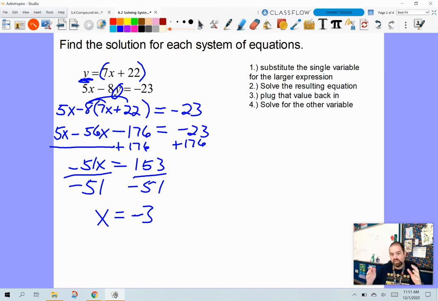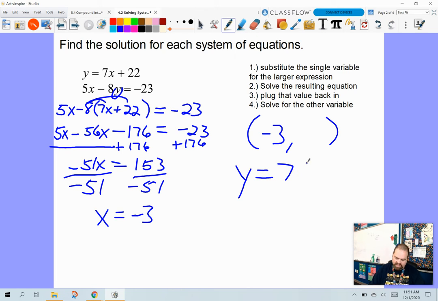So what that means is, when we're looking at a point, my x coordinate for my solution is negative 3. Now I just have to figure out what the y value is. The good news is the y value is always easier to find than the x, because I'm going to substitute again, but this time I'm going to go back to this original slope-intercept equation and trade out the x for a negative 3.